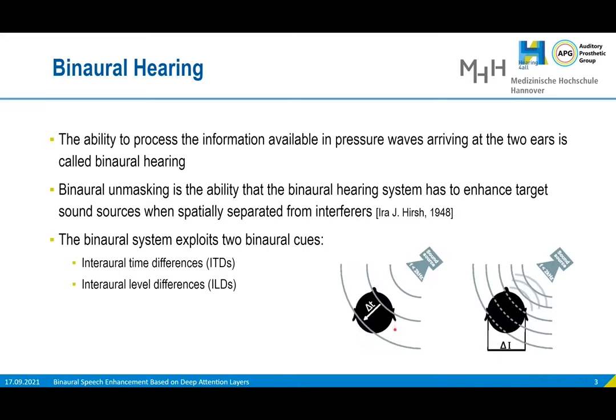So the ear lateral to the sound will capture the sound earlier than the ear contralateral to the sound. And similarly, interaural level differences are the differences in level of the sound at each listening side. This is caused by the head shadow that acts as a filter for sounds coming from a certain azimuth.